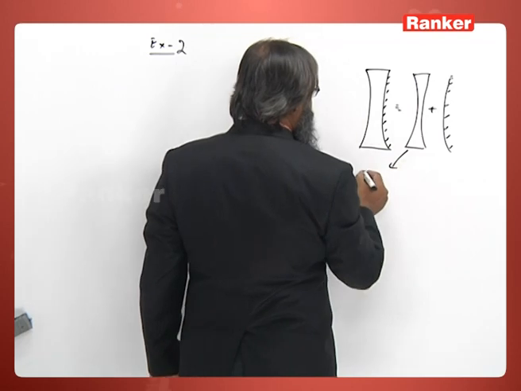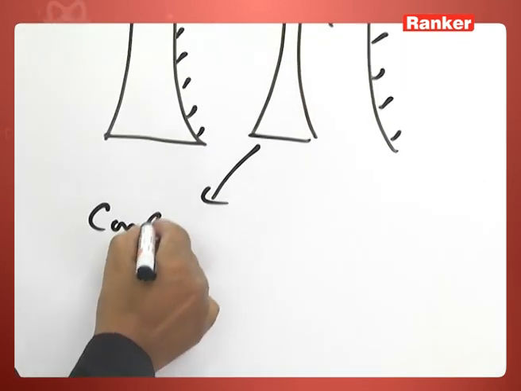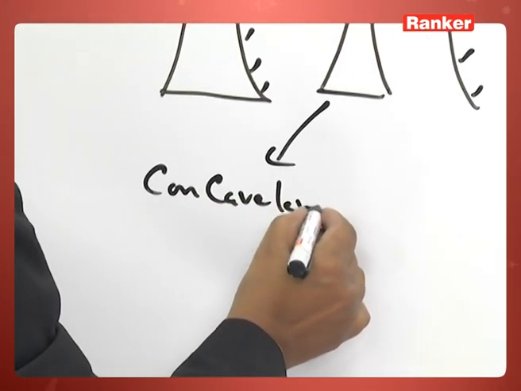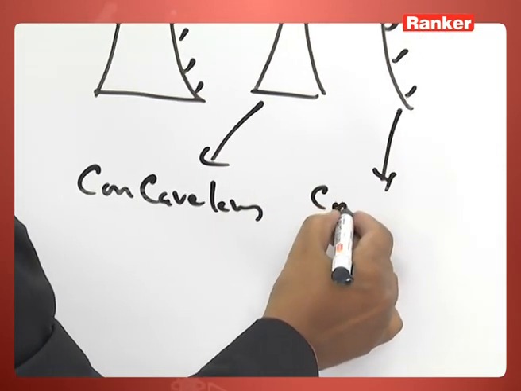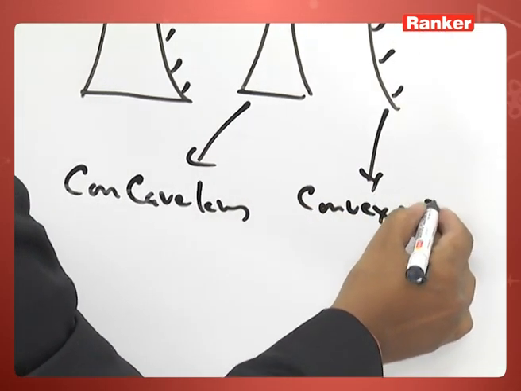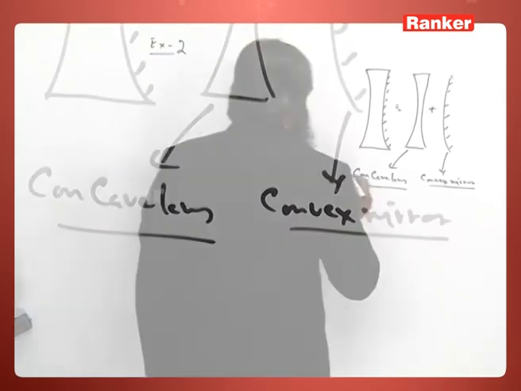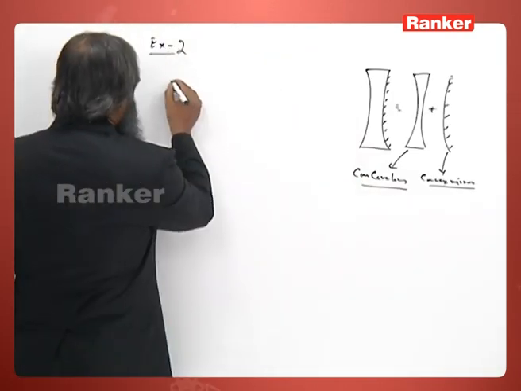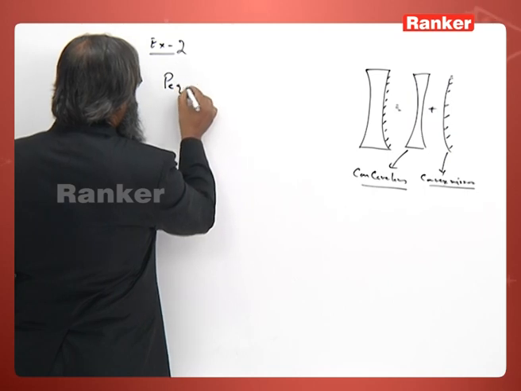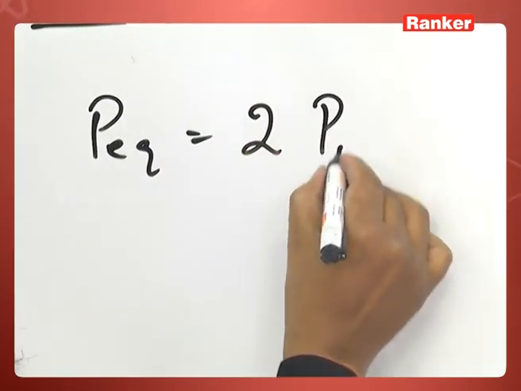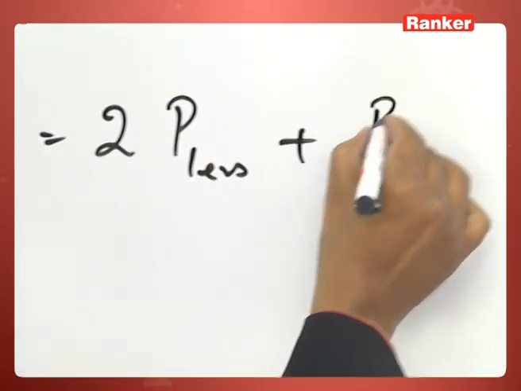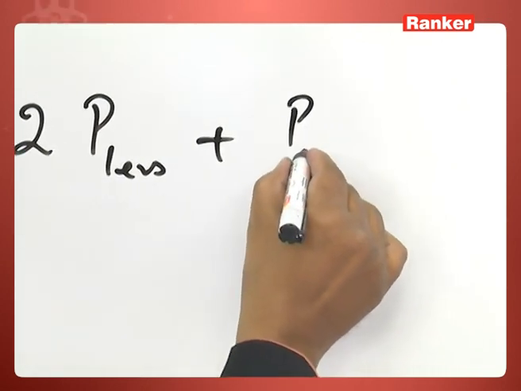So, this is a concave lens and this is a convex mirror. So, the theory is P equivalent is 2 times P of lens plus P of the mirror.